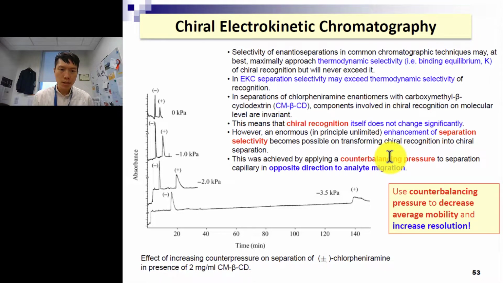Here you see a substrate called chloroquine, in the presence of 2 mg per milliliter CM-beta-CD. In a different pressure, you see that the resolution differs. If we have this counterbalancing pressure, it will decrease the average mobility and overall increase the resolution of the separation between your enantiomers.